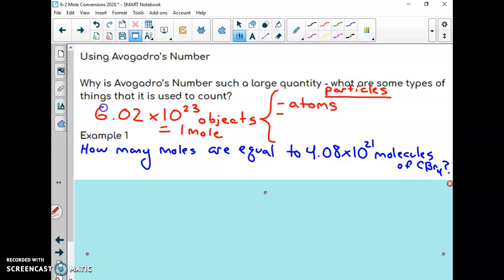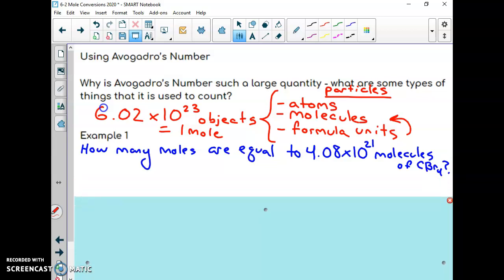Or if you combine some atoms into a single structure that bonded together, we could be talking about molecules. Or if we have units of an ionic compound, kind of like molecules, we could be talking about formula units. So just know these are kind of like molecules. They're the same general idea, just for ionic compounds instead.